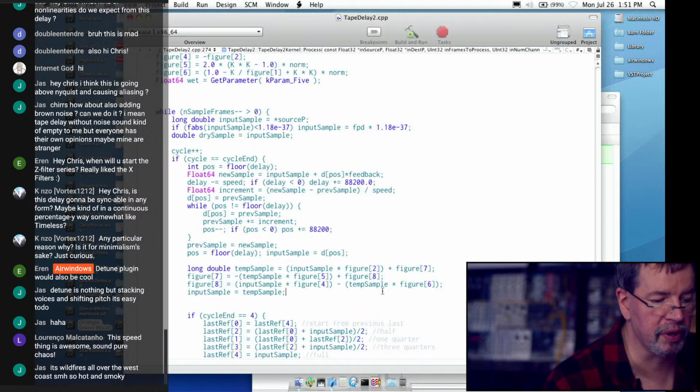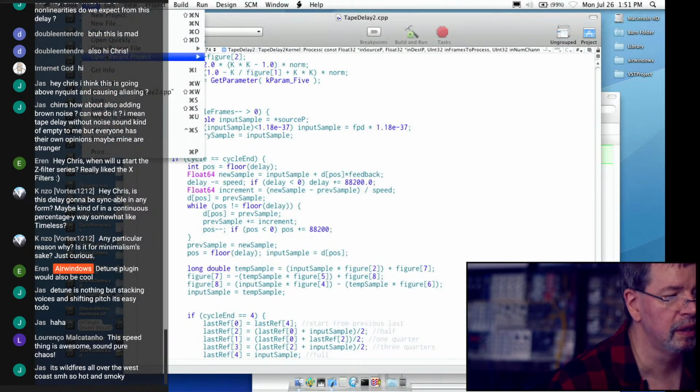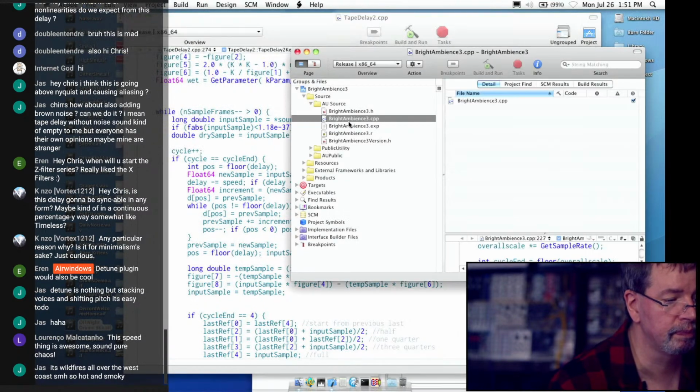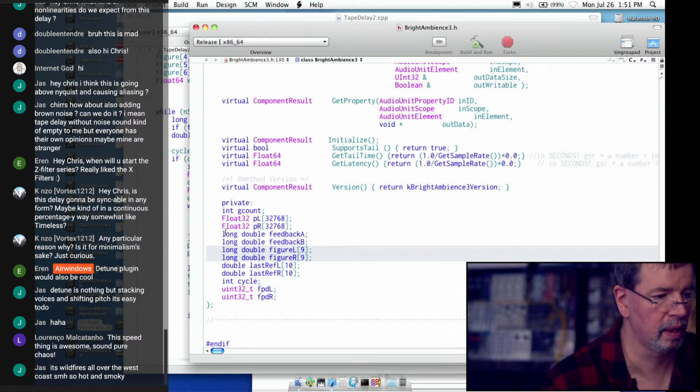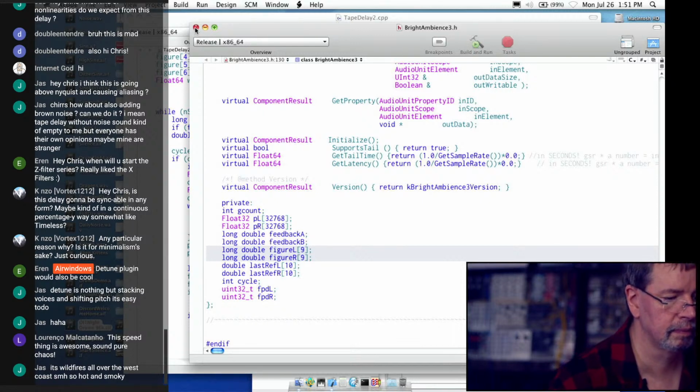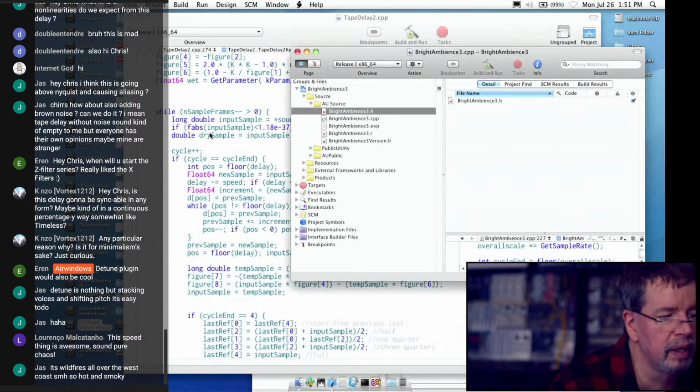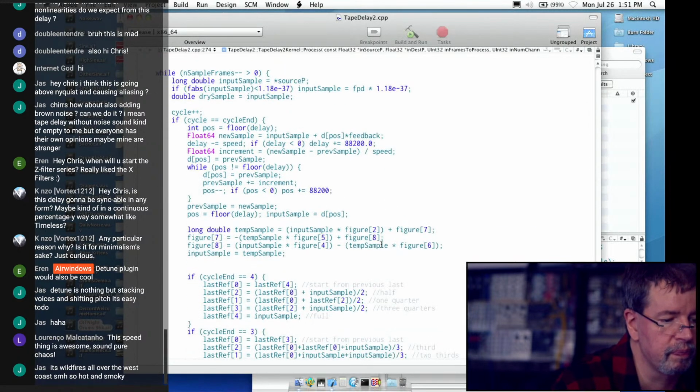I should have stuck with the figure L and figure R after all. Well, I know where to find it. I don't know if I like this.